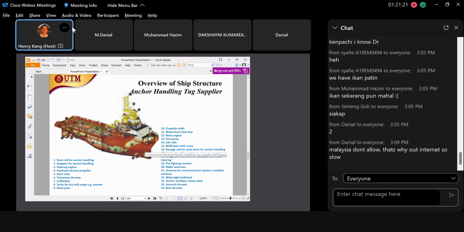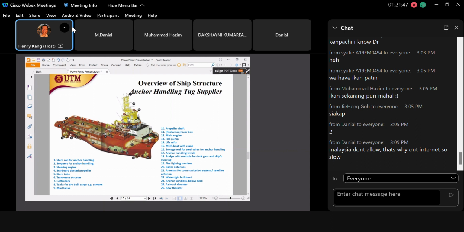When we're talking about ship structure, normally we do not restrict ourselves to any one or two types of ship structure. If we try to understand, different ship structures will have different functions, and different functions could have different ship structures.